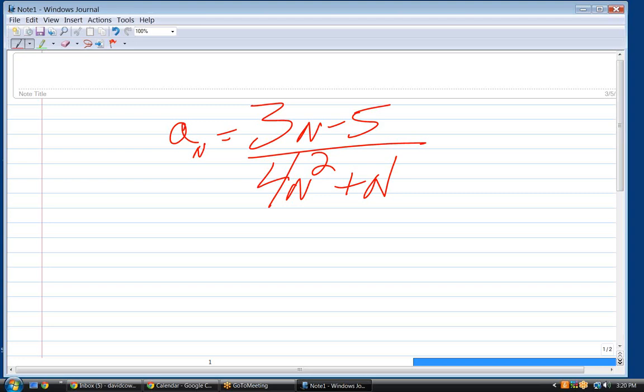What do they want you to use to determine whether this is convergent or divergent? In other words, I can tell that the limit of the nth term is 0, but that doesn't answer my problem really. It merely tells me that the limit of the nth term is 0.